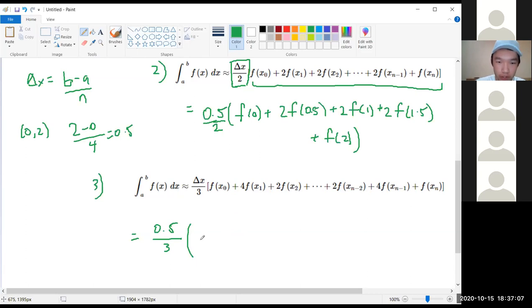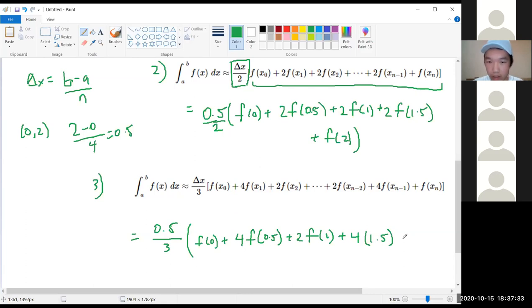The first coefficient is 1, so we have f of 0. The next coefficient is 4 times f of 0.5. And then it alternates: 2, and then 4, times f of 1.5.